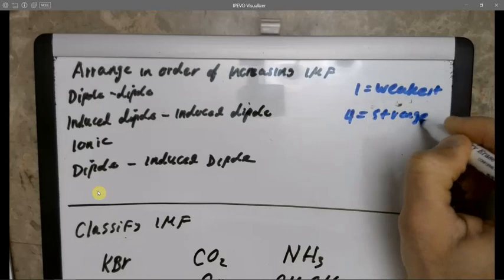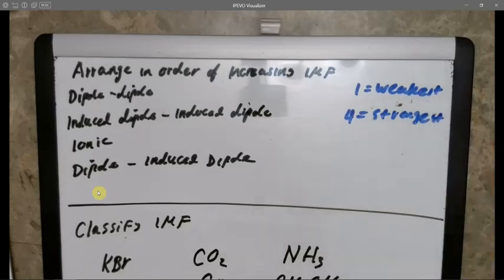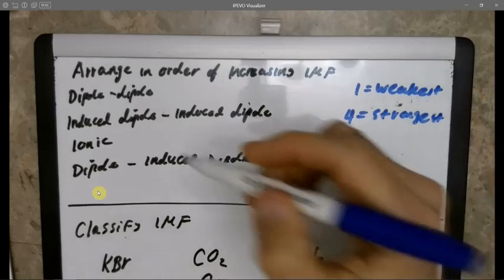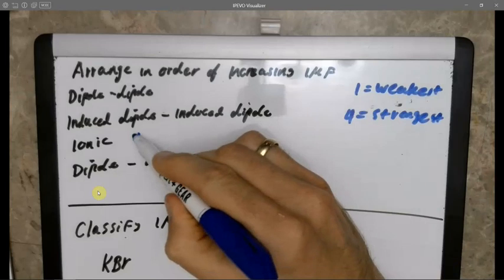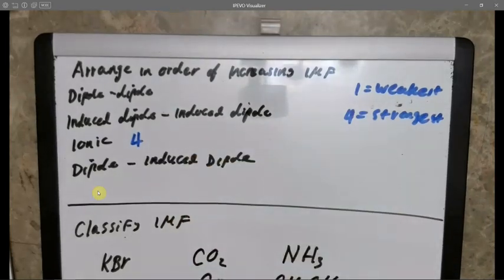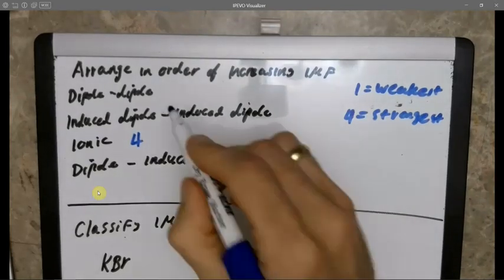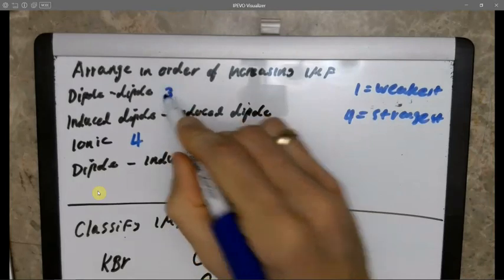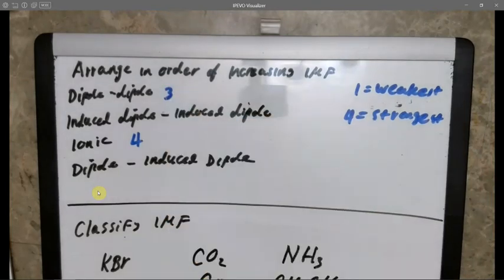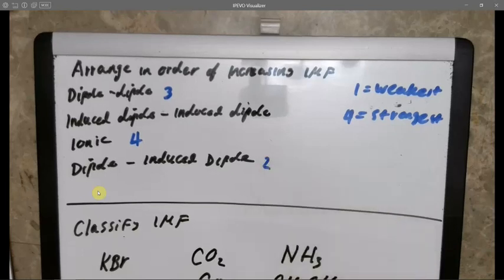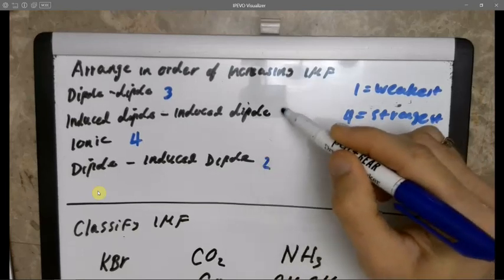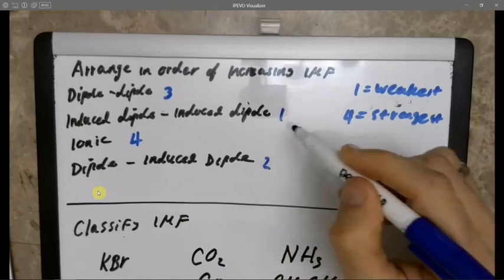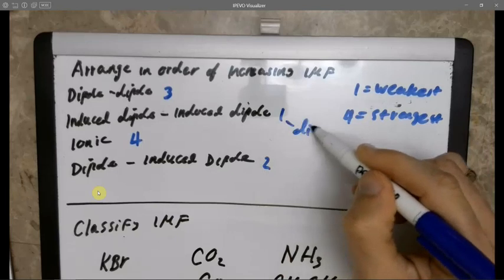We said that the strongest is ionic. The second strongest would be if I have dipoles and dipoles only. Then afterwards, if I have a dipole and an induced dipole, and then the weakest is if I have no dipole or ion at all, and this is also known as the dispersion forces.